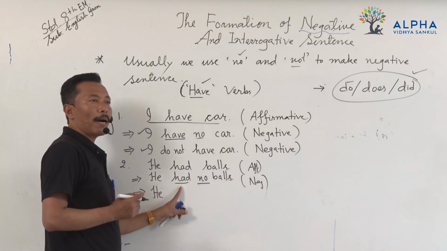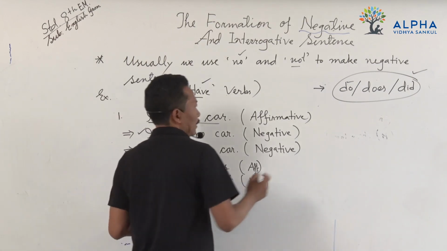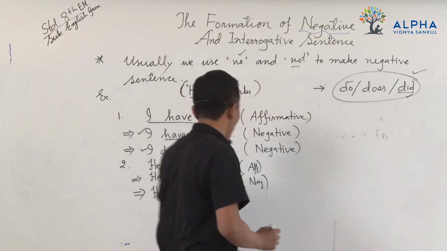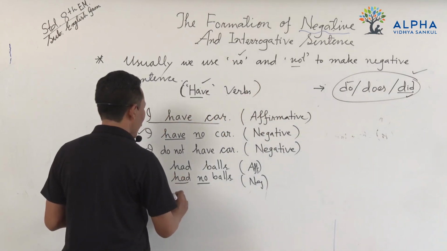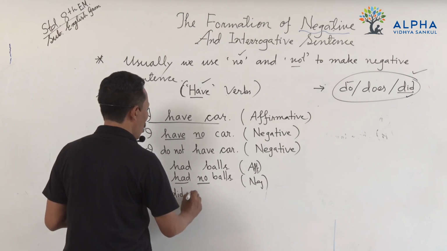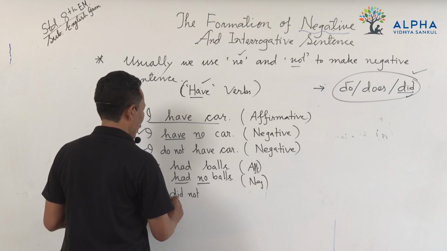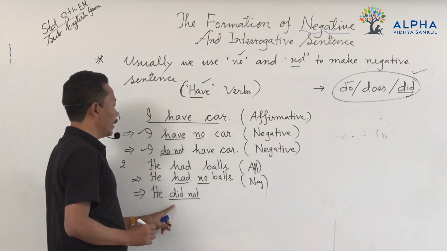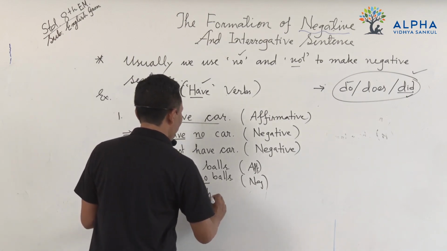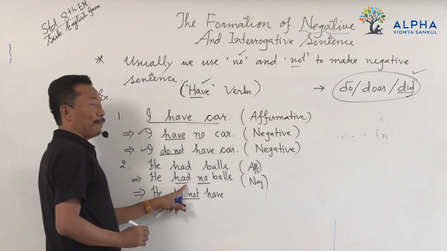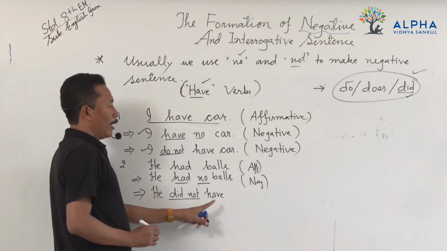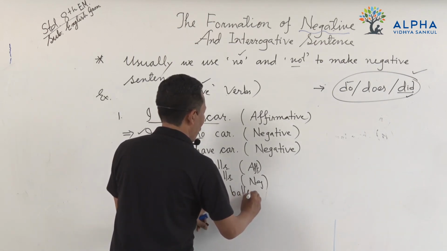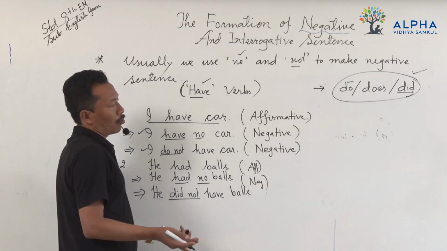Is this the present or past? It is the past. For the past, the verb is past, so we have to use did. How can you make this? He did not have. Here we have to use did not, because this is the past. And the verb comes in the base form, that means V1. He did not have balls.